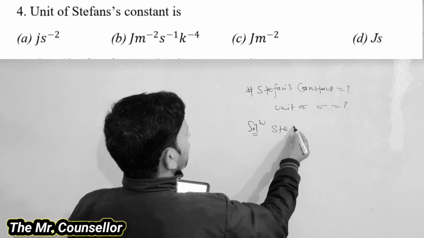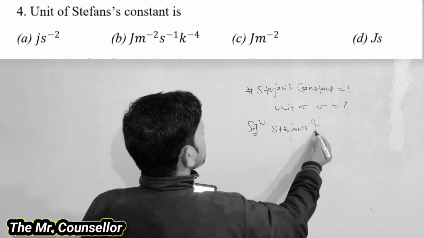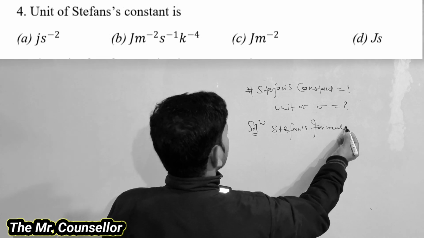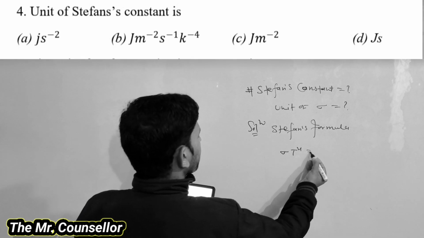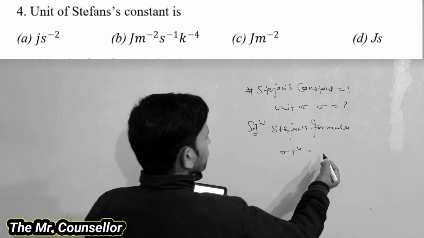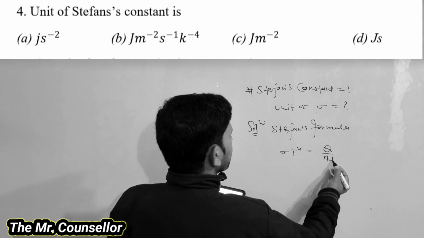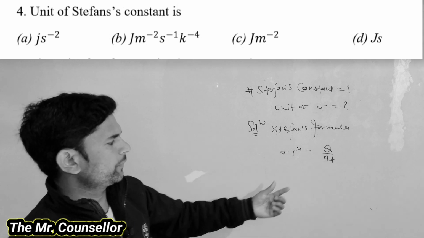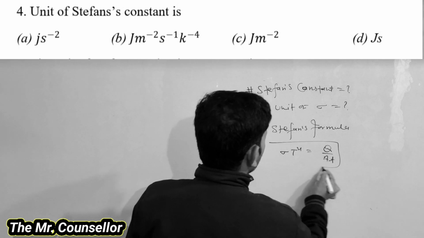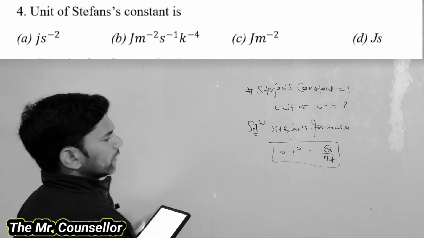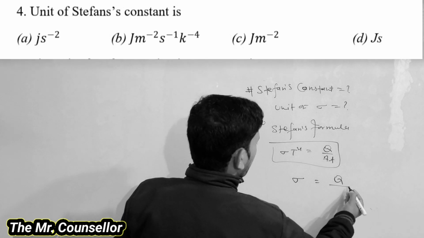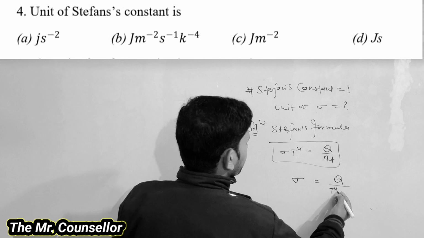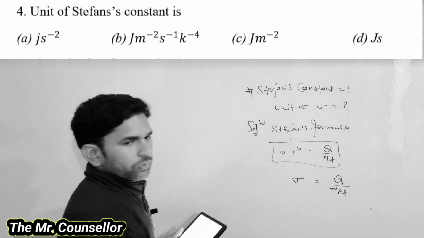What is Stefan's formula? Here you can mention that sigma T power 4 is equal to Q upon A t. With the help of this formula you can find the unit. So sigma is equal to Q upon T power 4 into A t.